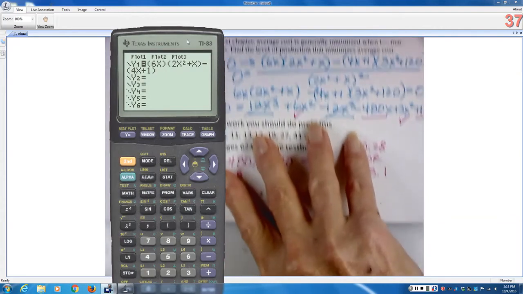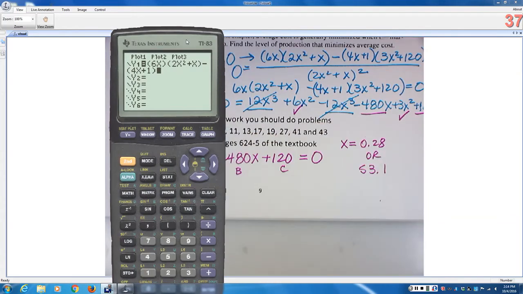See if I can do this so we can have things where we can see them together. So 6x times 2x squared plus x minus 4, times 3x squared plus 120.